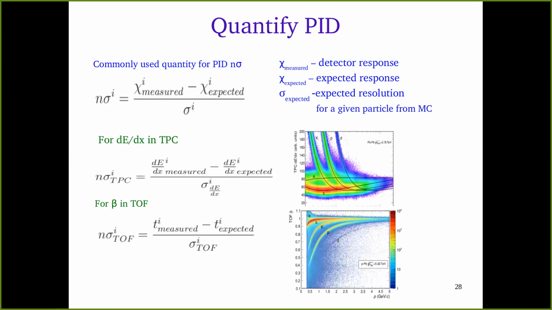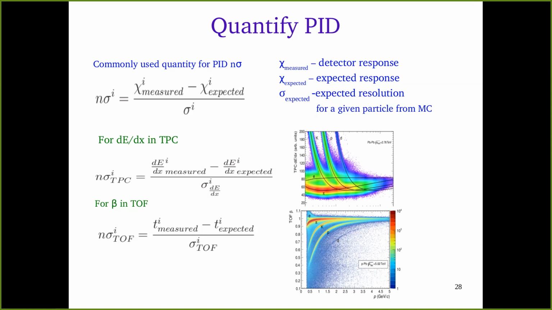Okay. Now we move towards the actual quantification of the particle identification as we do it in the experiment. Those who are already analyzing data must be quite familiar with this. When you get the data, you have an event, and within the event you get some tracks.